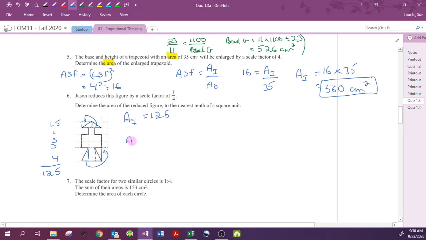I'm comparing areas, so I need an area scale factor, which is going to be the linear scale factor squared. That's 1/4 squared, which is 1 over 16. And the area scale factor is the area of the image. Oops, I'm sorry, this is my original, not my image.